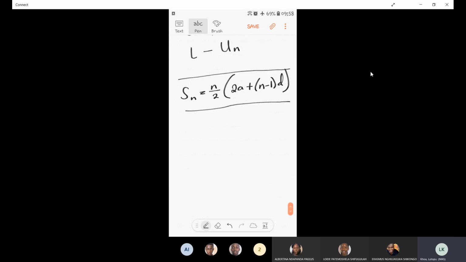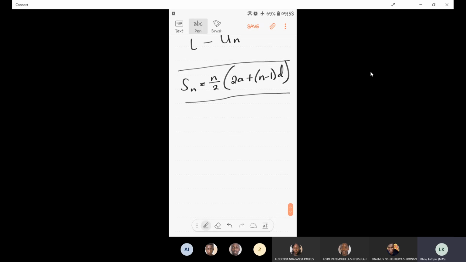So we can look at some examples. The first one: we're told to find this sum, 99, 97, 95, and then we keep adding until we get to 25. Okay, so here you're not told how many terms you have.